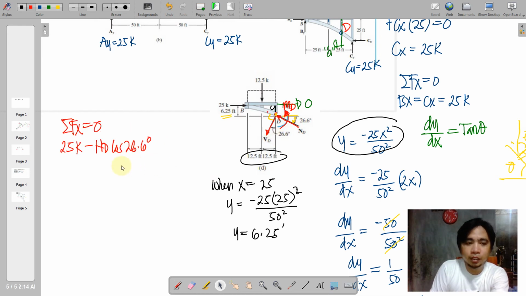I'll just move it a little left here, and then your shear at D would be towards leftwards also, but your horizontal component is opposite your reference angle. So that is using the sine function of 26.6 degrees. So we have ND, VD towards left, and 25 kips towards right.